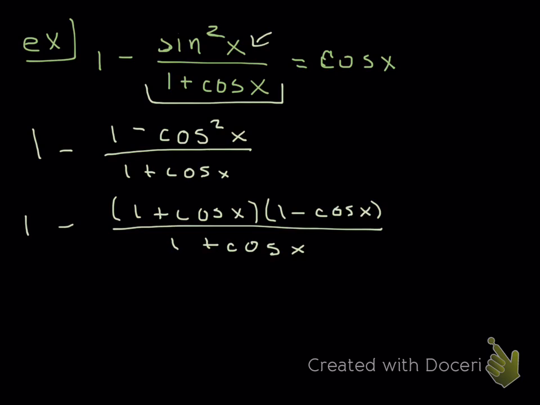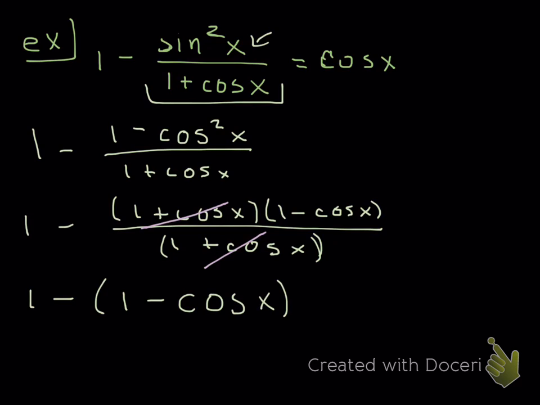So I'm hoping at this point you can kind of see what the benefit to doing that was. So when I look at this, I see that I have the same term top and bottom. So this 1 plus cosine of x and 1 plus cosine of x is going to be able to cancel. So now I'm at 1 minus, and then I have this quantity of minus 1 minus cosine of x.